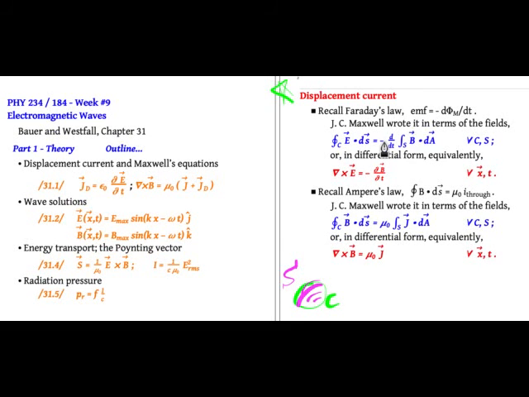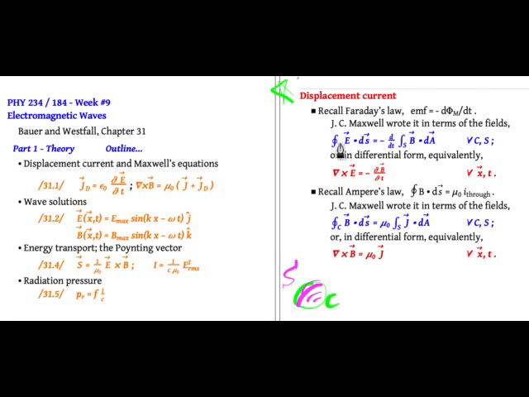Now that equation can also be written as a differential equation. Completely equivalent is that the curl of E is the negative time derivative of B. So you see, this is a case where B would depend on time. The magnetic field has a time dependence.